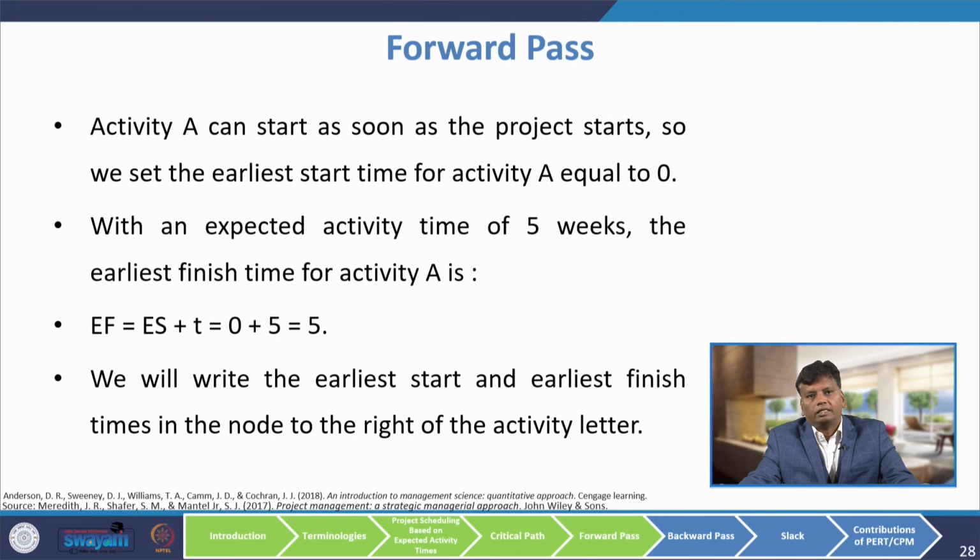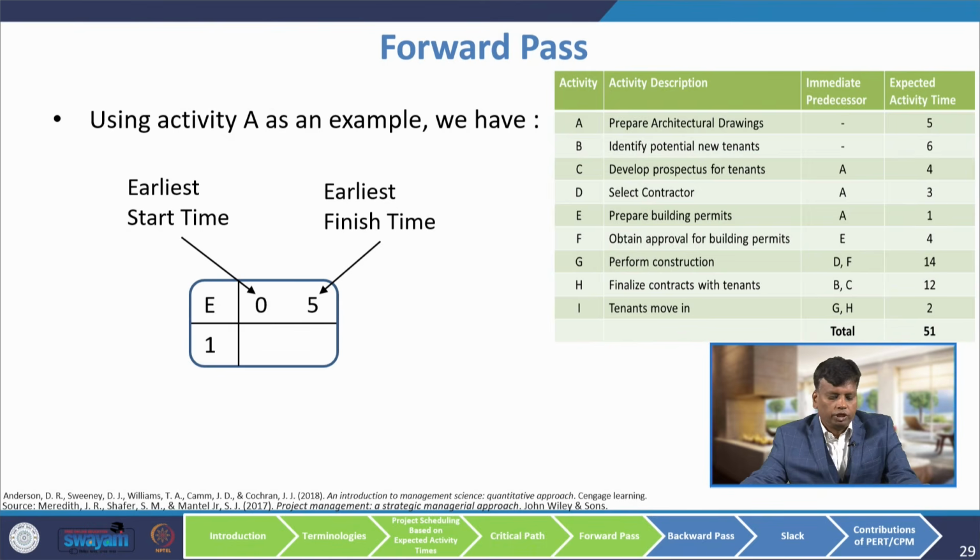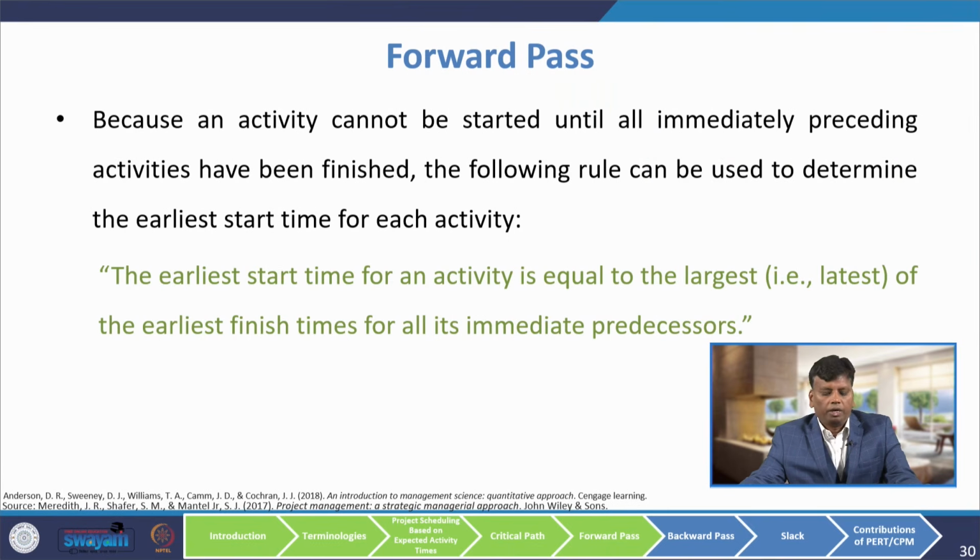We will write the earliest start and earliest finishing time in the node right of the activity letter like this. Here 0 represents the earliest starting time, 5 represents the earliest finishing time. Because an activity cannot be started until all immediately preceding activities have been finished, the following rule can be used to determine the earliest starting time for each activity.